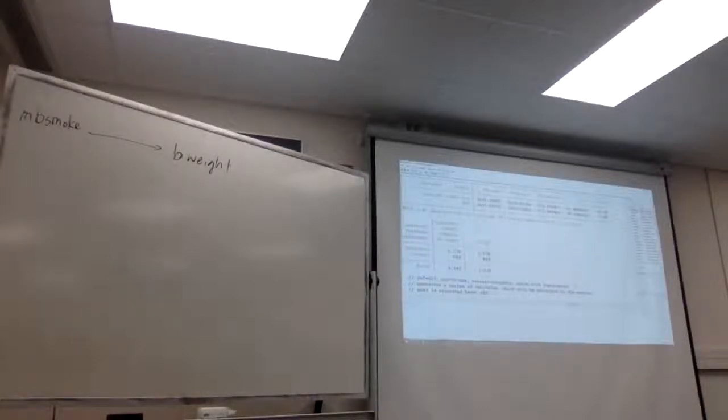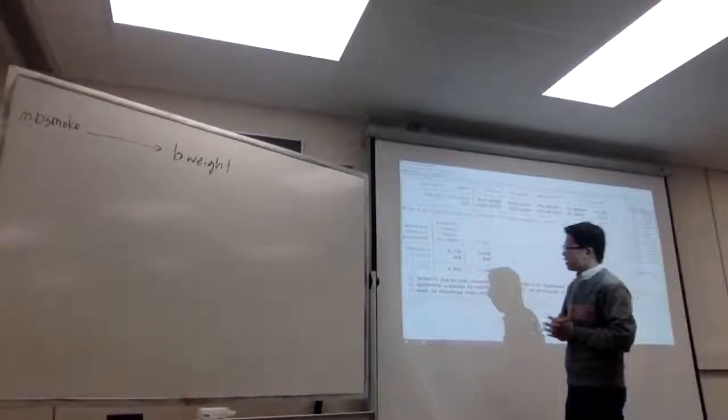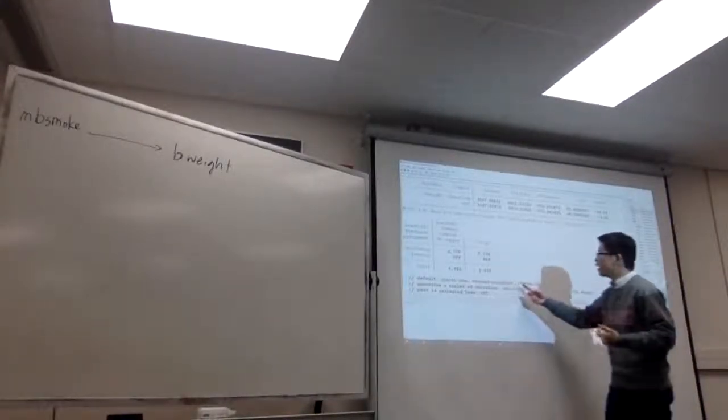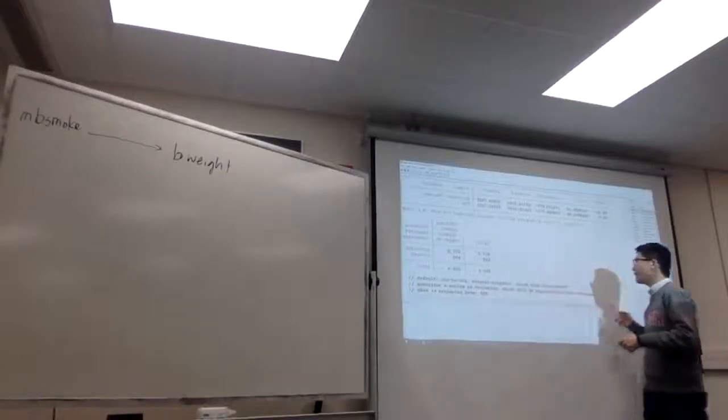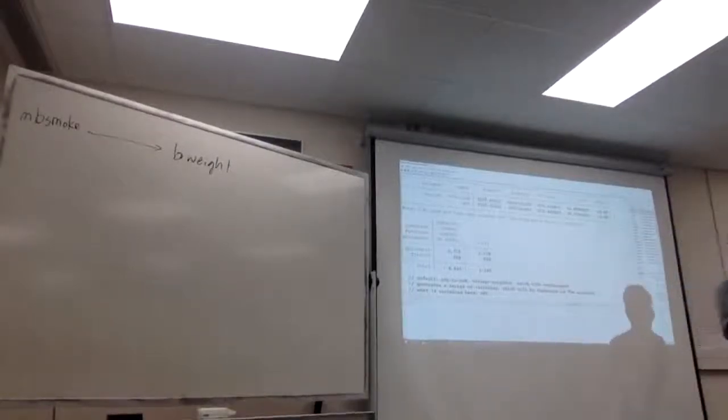Before explaining all of these tables, I would like to explain what the command does, basically. The default option of the command is 1-to-1, nearest neighbor, and match with replacement.